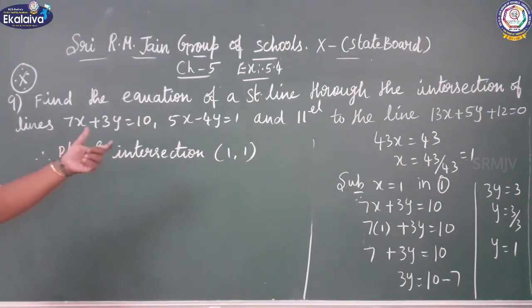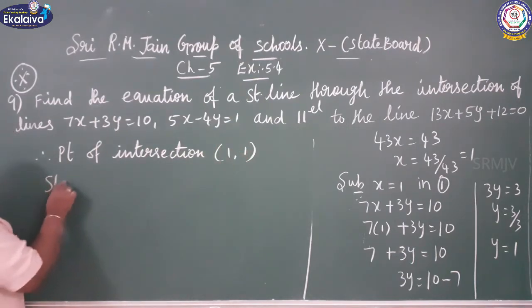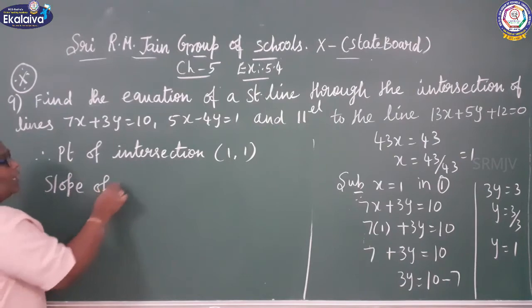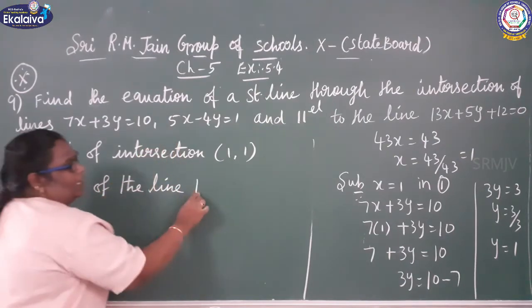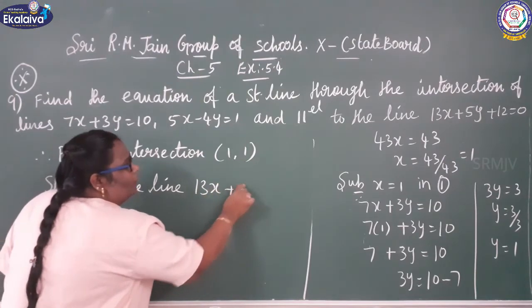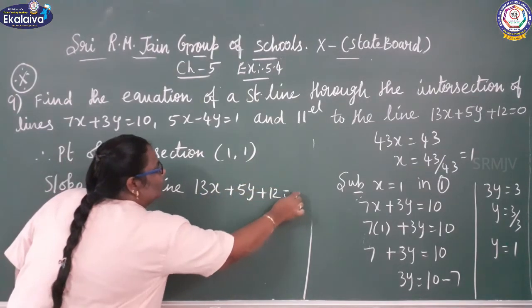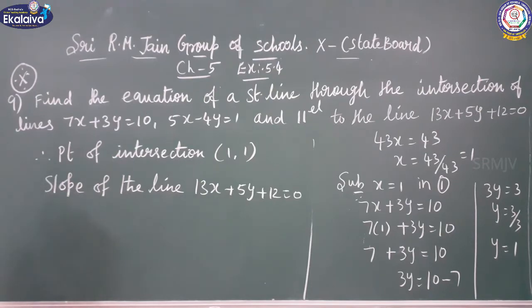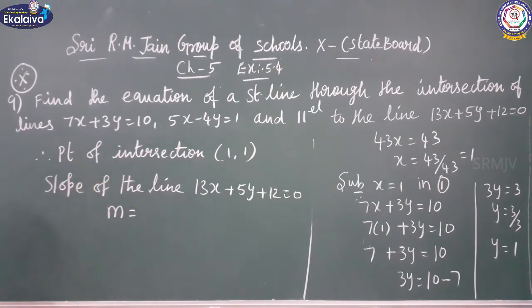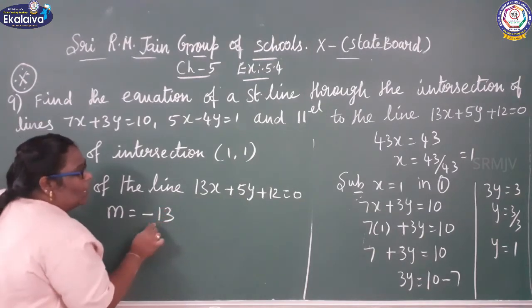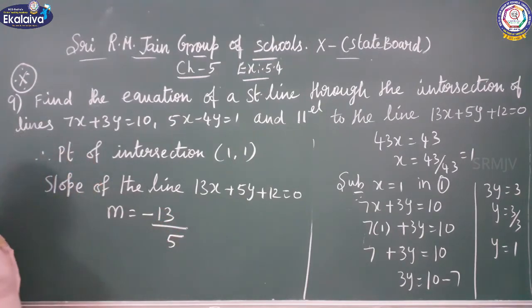Next, and parallel to the line. First you should find the slope of the line 13x plus 5y plus 12 equal to 0. The slope m is equal to minus coefficient of x by coefficient of y.